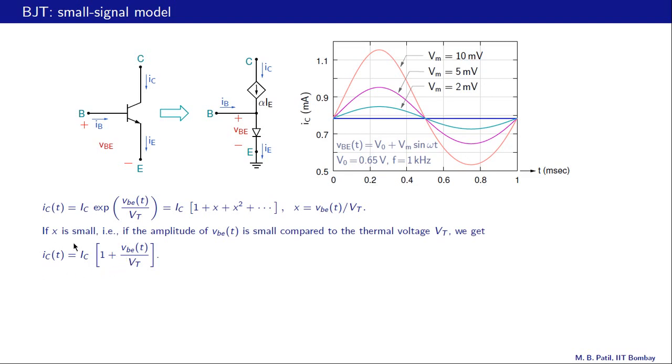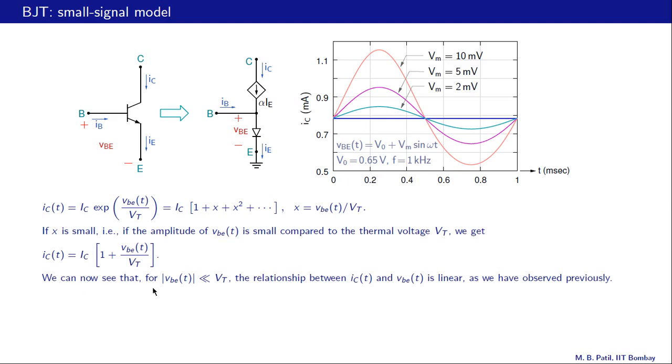Now in this equation, this is time varying and that is time varying. Let's remember that. And the constant part of the base emitter voltage has gone into the bias value of the collector current.